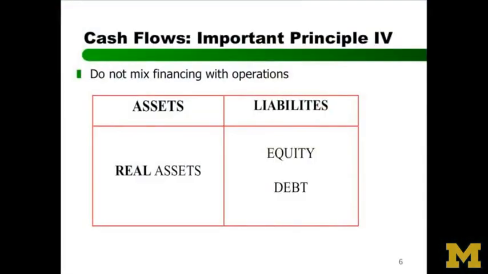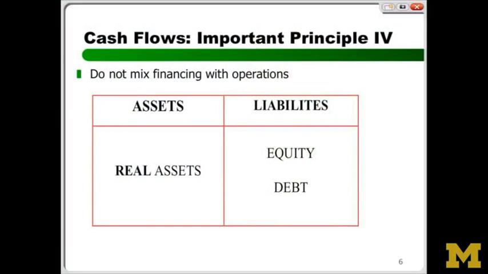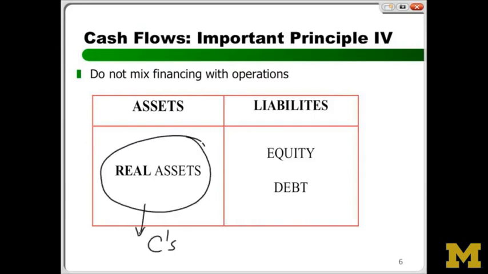The next principle is that whenever you're doing analysis of real assets, remember this is what generates the C's. Don't touch this, or as MC Hammer said, can't touch this. And the reason is financing is inherently included in the cost of capital, R. And by the way, starting today, after we have done the review, guess where we are going?